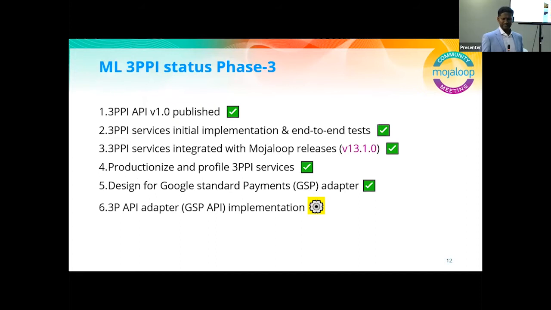They'll be able to take advantage of the third-party features to deploy in test and QA, see if third-party functionality fits their use case, and then extend and customize it. We are working on developing an adapter for the GSP API, but the hope is that it also sets a template for any third-party implementer to use and customize as a connector for their own API as well. That is currently in progress.